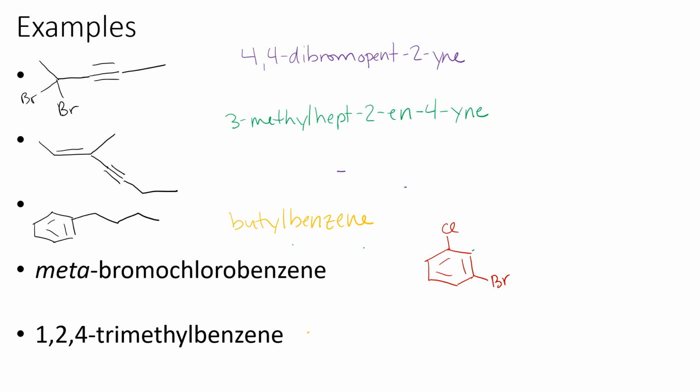The last one, 1,2,4-trimethylbenzene. We would have our benzene ring, and then we would have in positions 1, 2, and 4 methyl groups. And again, it does not matter where you start with carbon atom number 1.